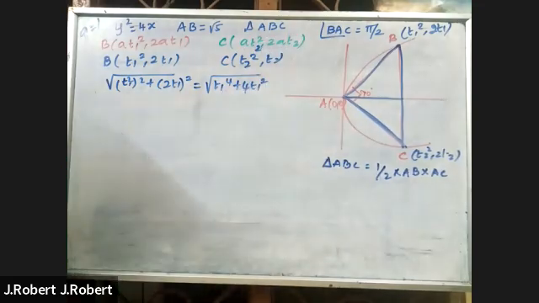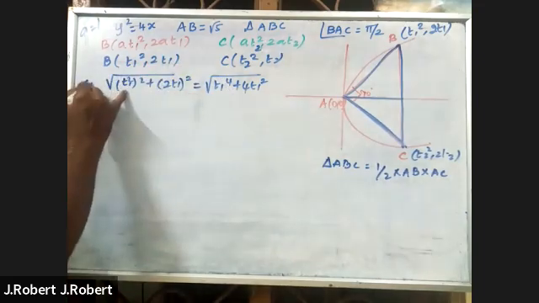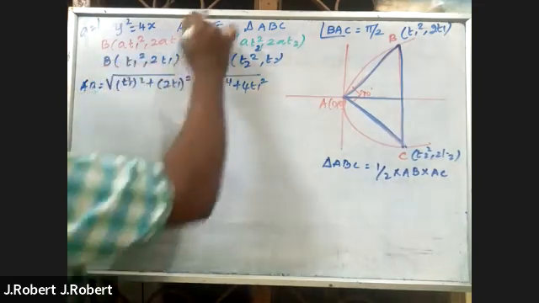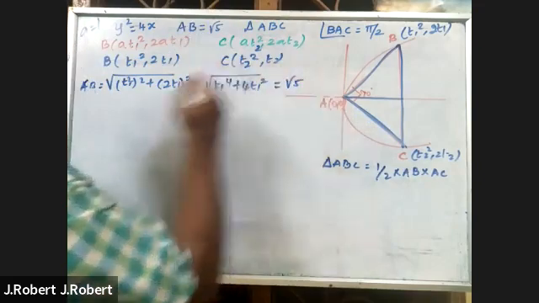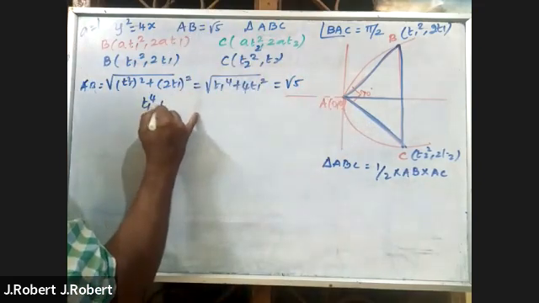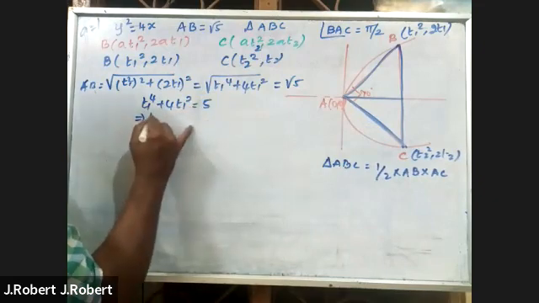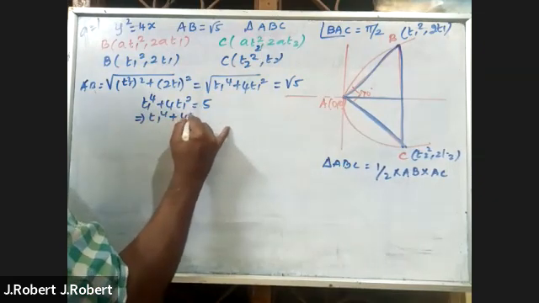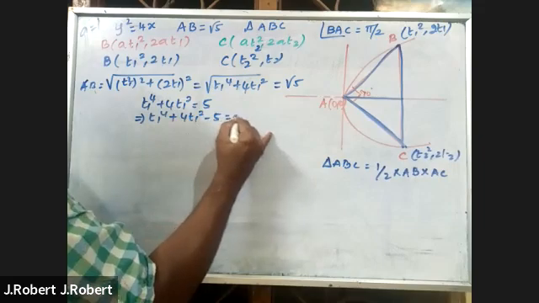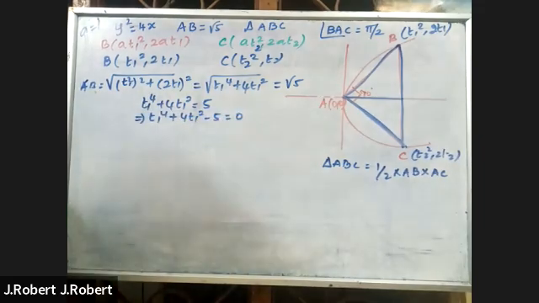Correct? The value of this is AB. According to the problem, AB equals root 5. Squaring on both sides, I get t1 power 4 plus 4t1 square equals 5, or t1 power 4 plus 4t1 square minus 5 equals 0. Is it right?